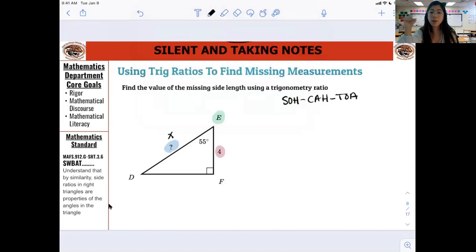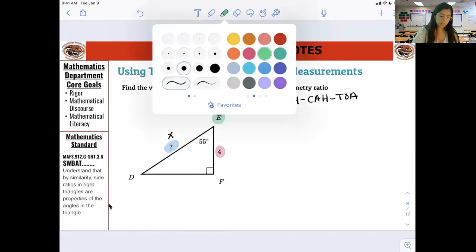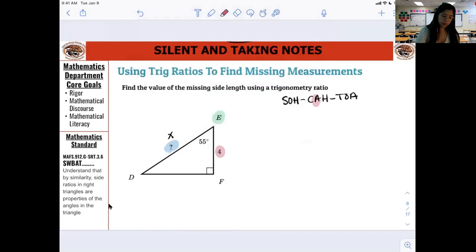Good, Janelle. That's cosine, because the cosine is adjacent over hypotenuse. So you want to pick the function that includes those two sides. The tangent would include the 4, but then it would include this side as well, and we don't care about DF right now. That's not what we're looking for.